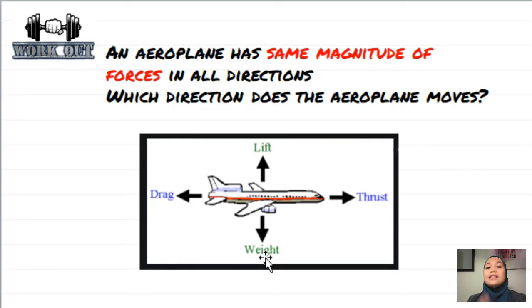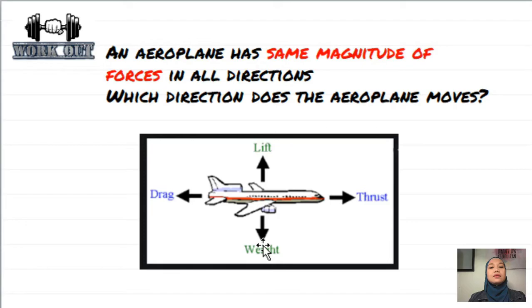We can see that there are two forces in the y-axis: upwards is lift and downward towards the gravity is weight. And how about the forces acting at the x-axis? There are two types, which are thrust and drag or frictional force.